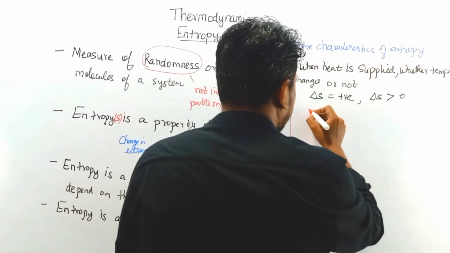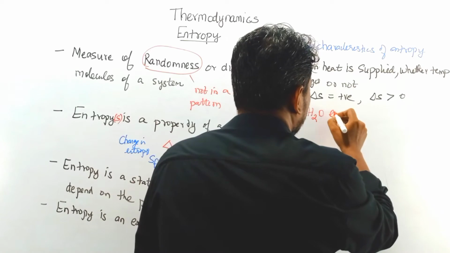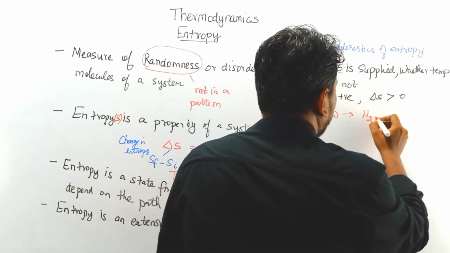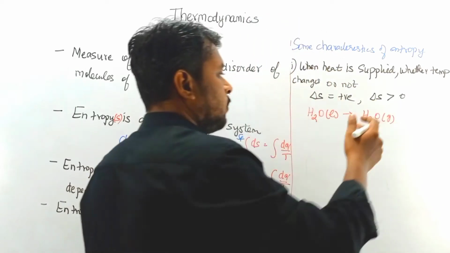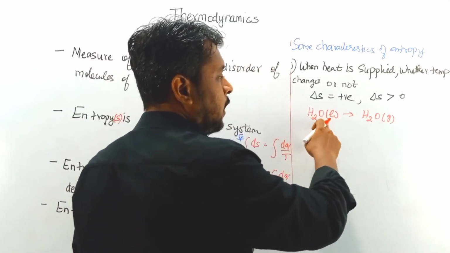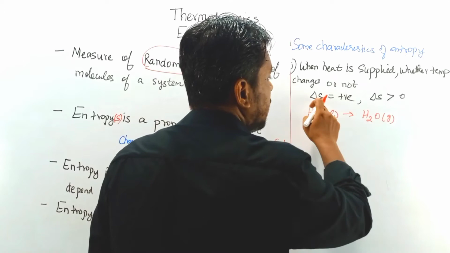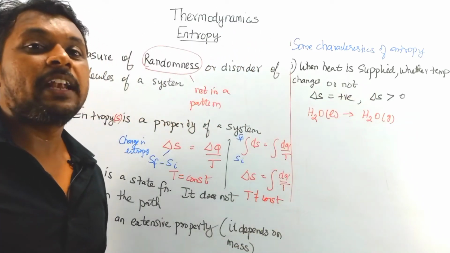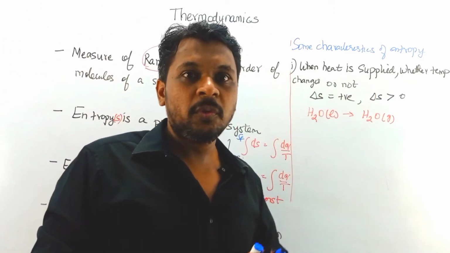Let us consider an example like this. I want water in liquid to convert into gas. So here heat is being supplied, so in such a case there is an increase in entropy. Then the value of change in entropy will be positive.